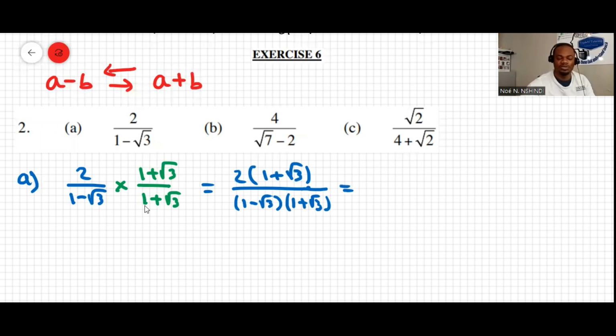So the numerator, 2 times that, 2 times that, makes 2 plus 2 root 3. The denominator is 1 squared minus root 3 to the power of 2.